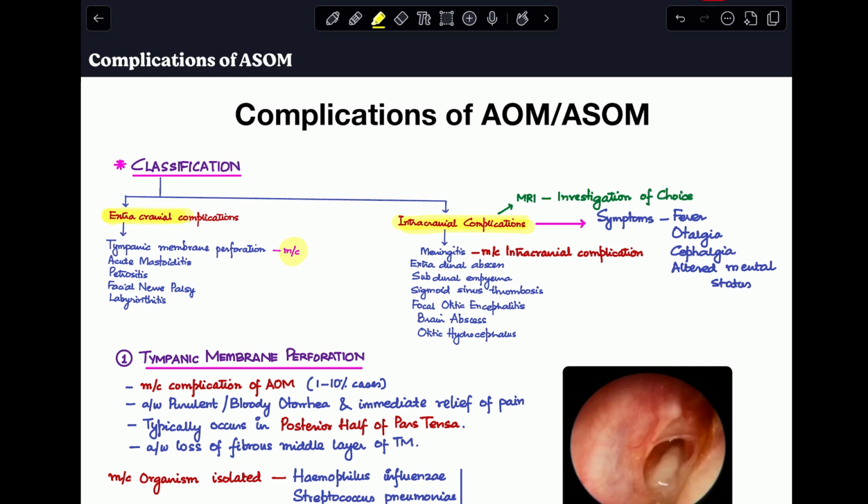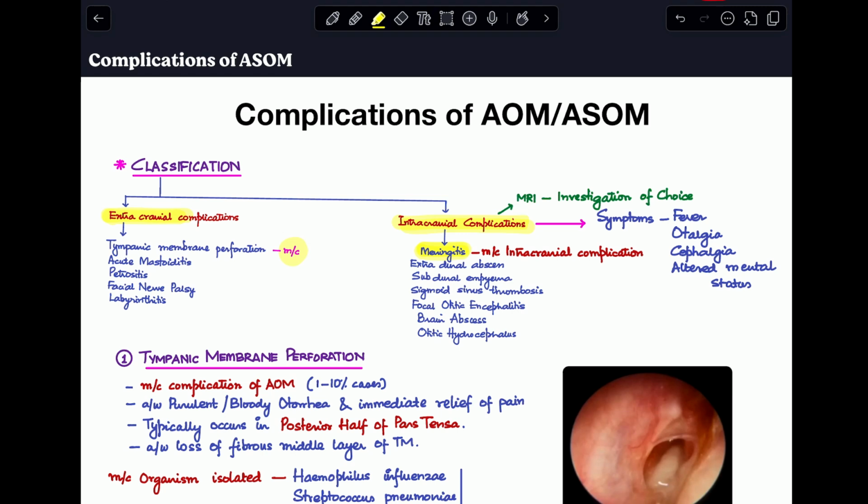Coming to intracranial complications, the most common intracranial complication seen in a case of acute otitis media is meningitis. Others include extradural abscess, subdural empyema, sigmoid sinus thrombosis, focal otitic encephalitis, also known as cerebritis, brain abscess, and otitic hydrocephalus.